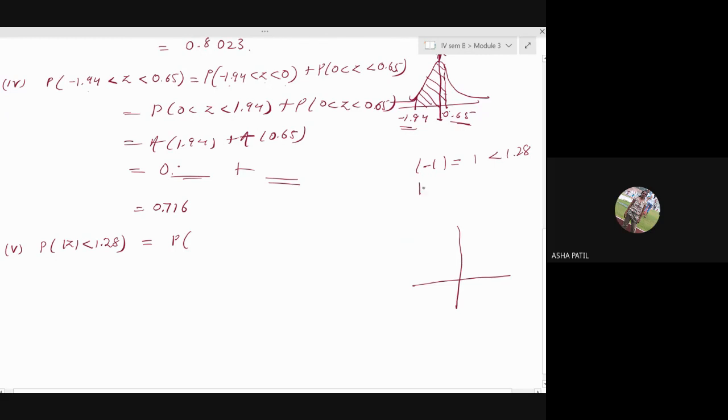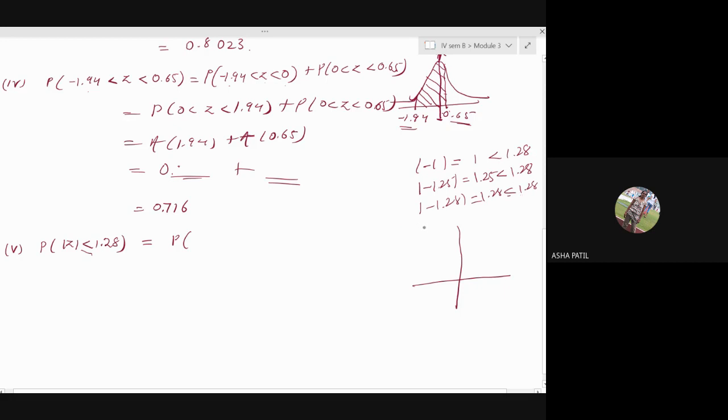Then what about mod of minus 1.25? It's 1.25, which is again less than 1.28. At most you take minus 1.28. Less than means can take less than or equal to also here because it is a continuous distribution. We'll get it as 1.28, which is less than or equal to, you can write 1.28.